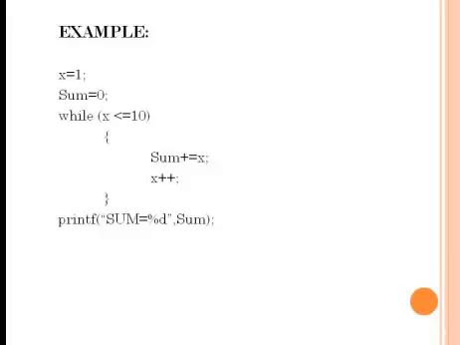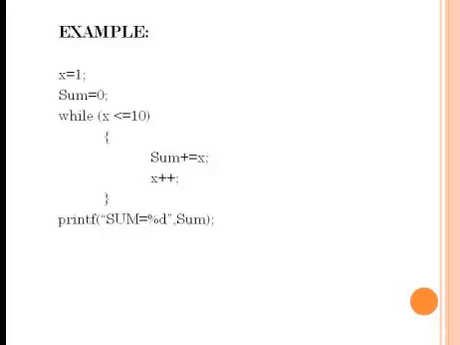They are sum equals to sum plus x. Here the sum value is 1 and the x value is 2. The total expression value is 3. This 3 is assigned to sum.